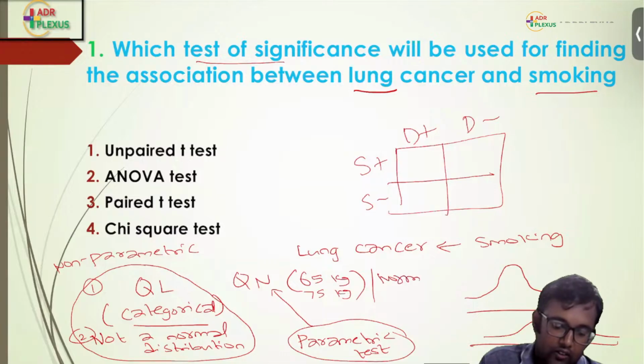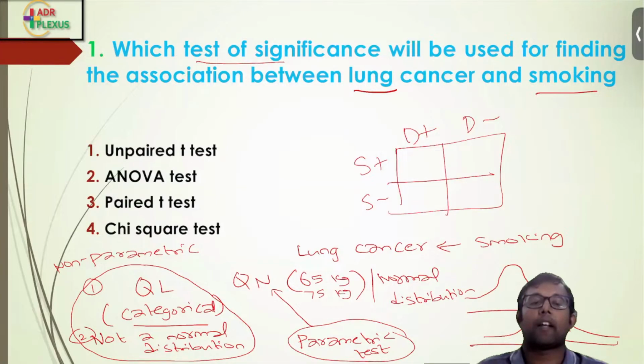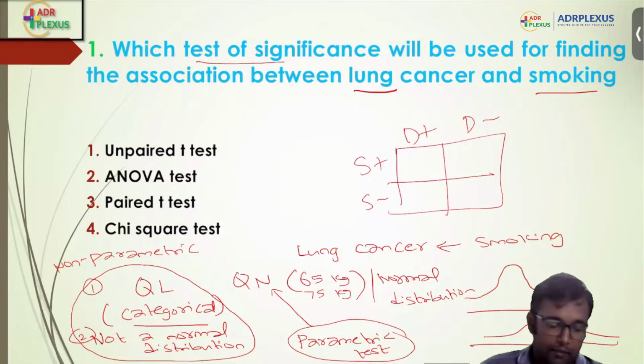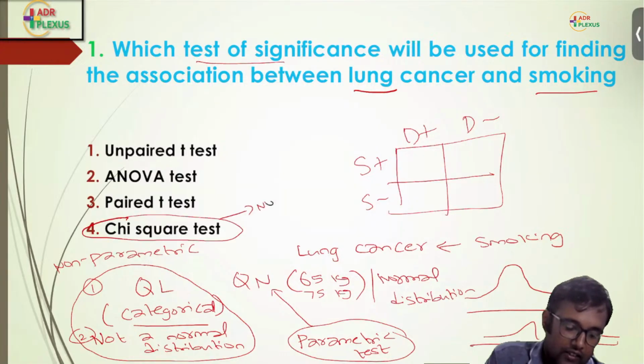Yes, very good, doctor. Data with a normal distribution. So for your level, the only non-parametric test you have to know, which will be asked in your exam, is chi-square or the chi-square test. This is the only non-parametric test you have to know.